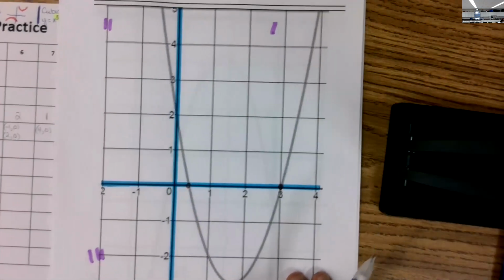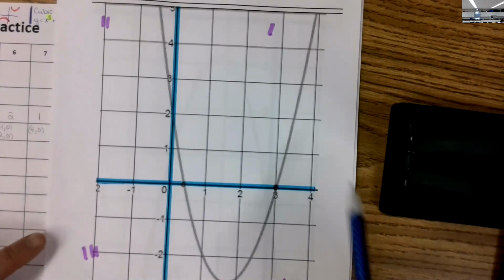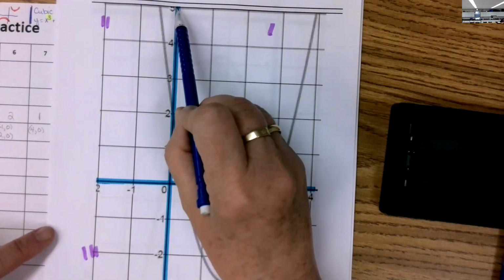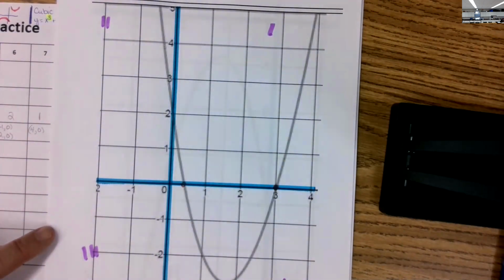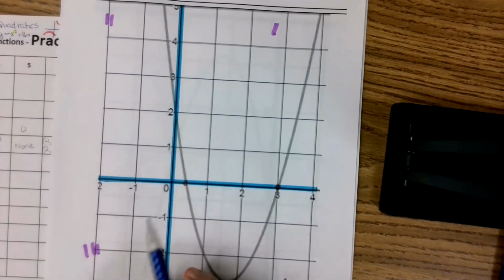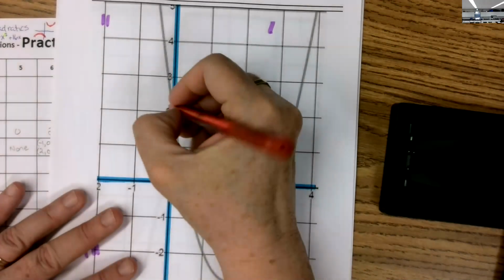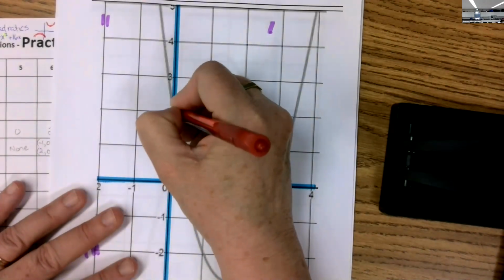This is graph number 4. Jose, so the y-axis is this one. How many times does my curve cross the y-axis? 1, yes. All right, we got once, and it's right there.